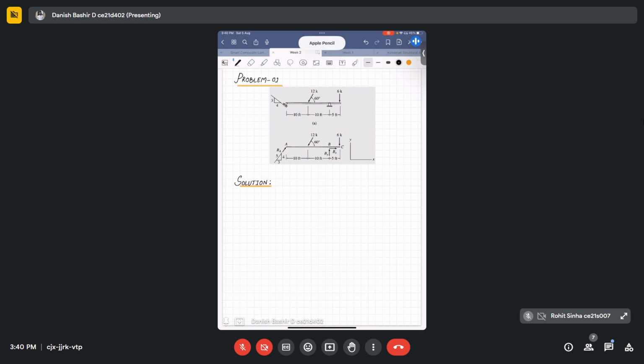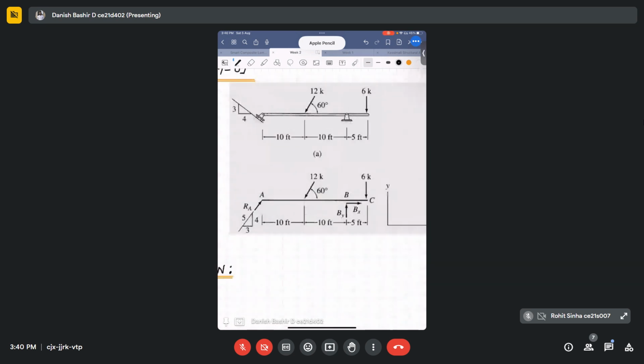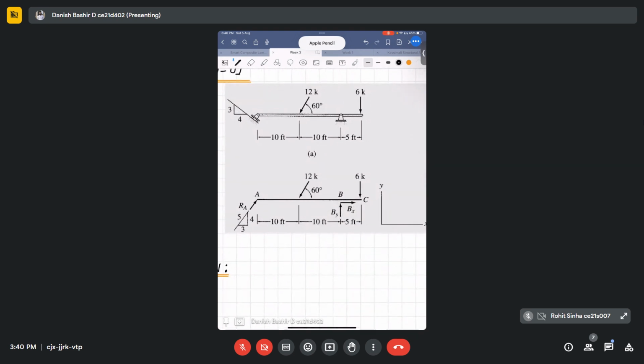So in this problem, I have shown one problem here. We have a simply supported beam, but on one side the hinge is on an incline, and this roller is on an incline, and it's horizontal from this side.